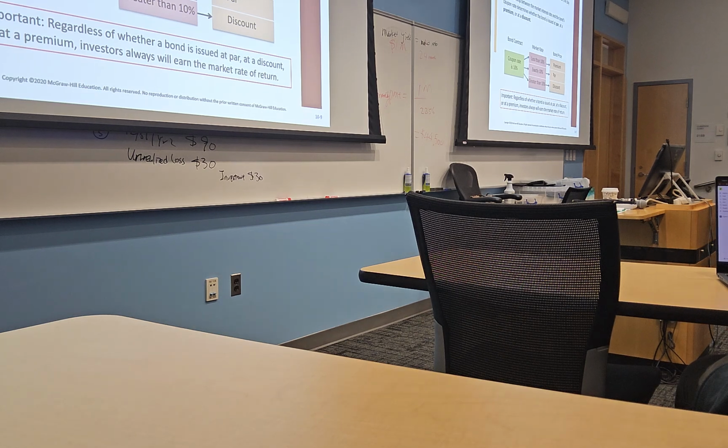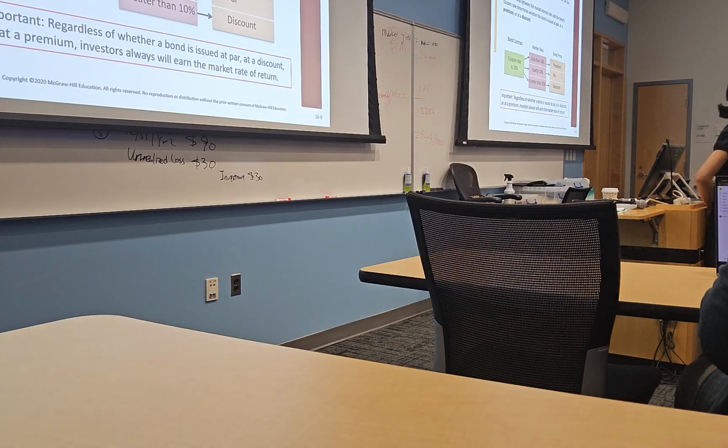Now last question to you guys. If you don't like the term discount, you just always want to issue a bond at a premium, what can you do? How can you do that? You can actually do that. Give extra interest rate over the market.